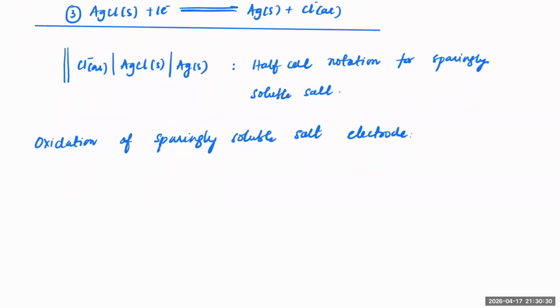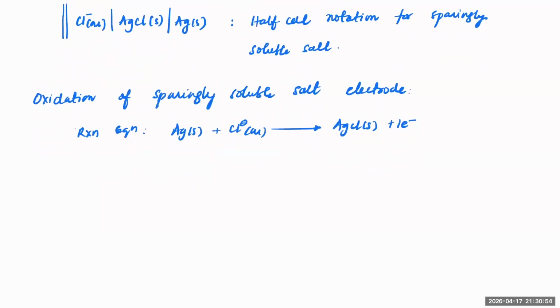In that case, the reaction equation looks like this. Silver reacts with Cl- and converts into AgCl solid plus one electron. This is what is happening at the anode.